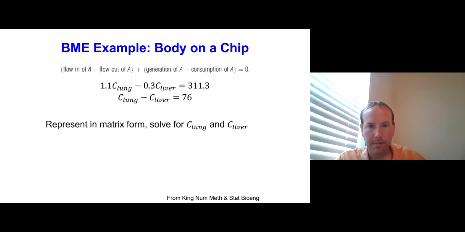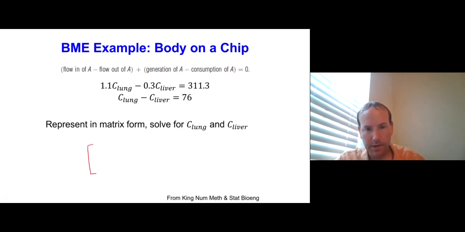If you take that little system, they have different constants out front, coefficients that relate the concentration in the lung and the concentration in the liver as this equation, then C lung minus C liver equals 76. So you'd have two equations with two unknowns. What you'd do is first represent this in matrix form.